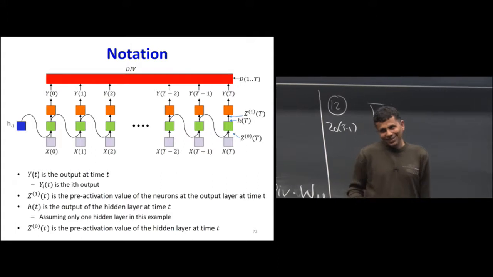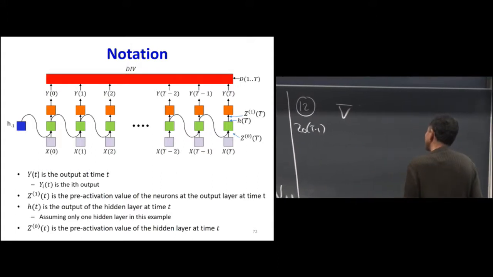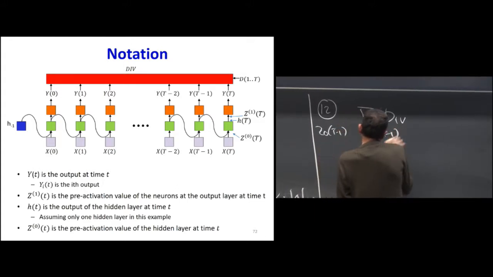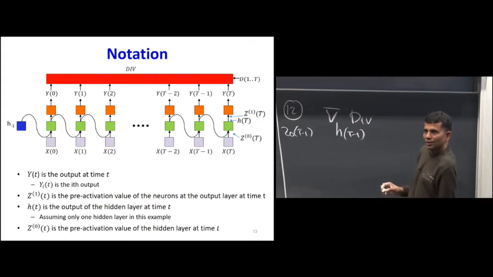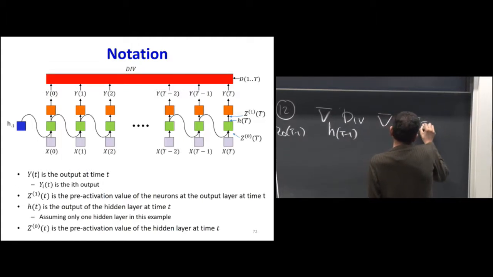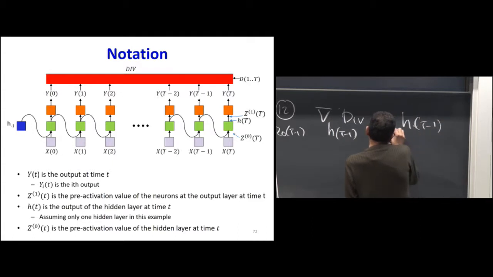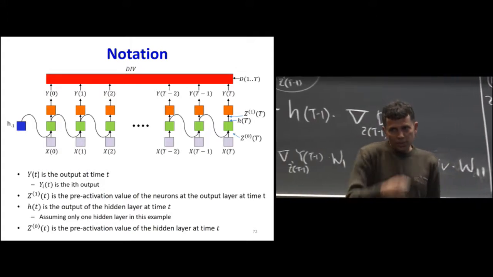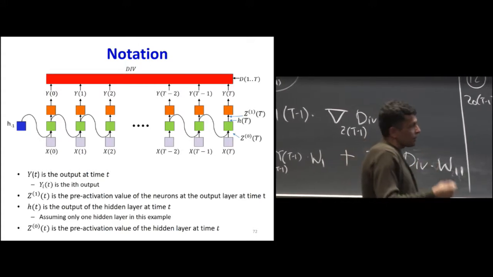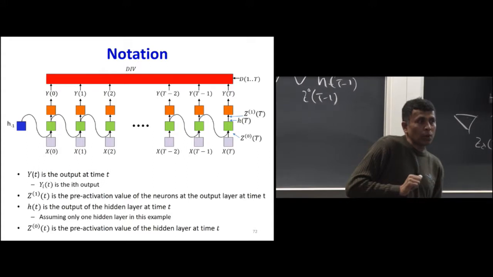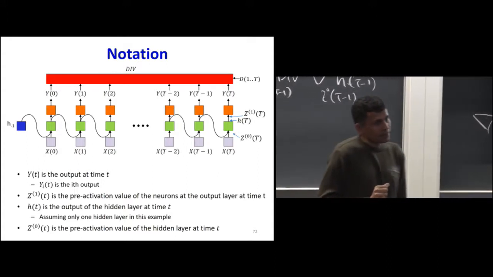Derivative of divergence with respect to h of t minus 1, multiply by derivative of h of t minus 1 with respect to z0 of t minus 1. This is just a Jacobian, correct? That's all it's going to be, so we're just following the chain. Now the next step, I want to compute the derivative with respect to w0 at time t minus 1. What is that derivative going to be?